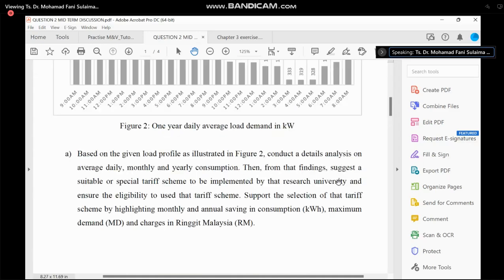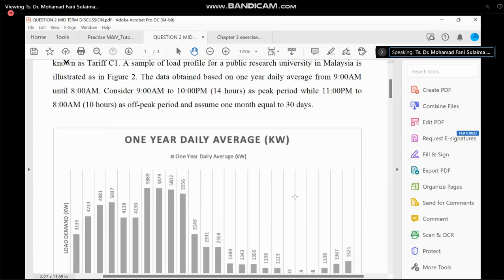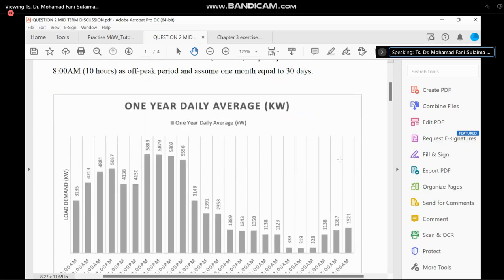The maximum demand here you can pick from the peak period only. Just ignore the off-peak period, even though that value is the highest compared to the others.